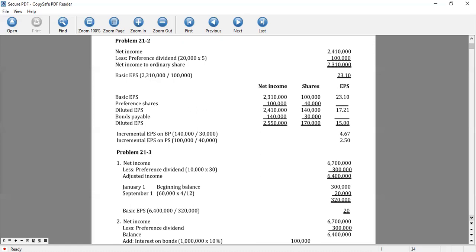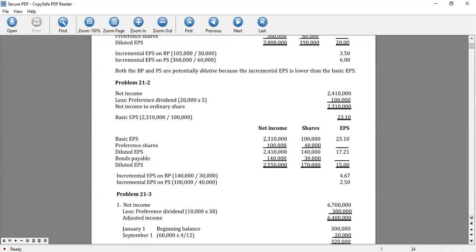Now, the incremental EPS on the bonds payable is 140,000 divided by 30. So it's 4.67. And the incremental EPS on the preferred stock is 2.60, whereby both are lower than the basic earnings per share.